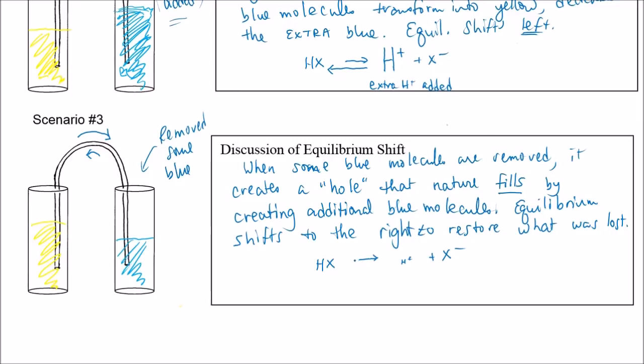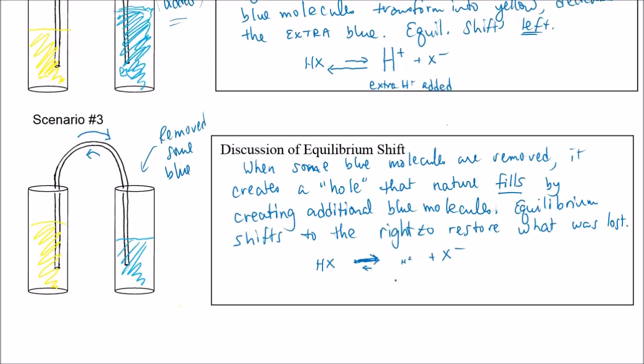So this arrow going to the right will be big, and the arrow going to the left will be tiny. That should make sense to you. If there's very little H plus, then the rate at which X minus and H plus associate, the rate at which they find each other and bond, will be very small, and therefore this tiny arrow on the bottom is realistic.